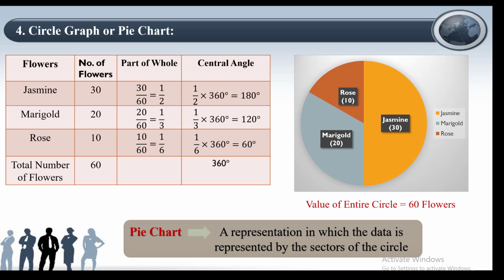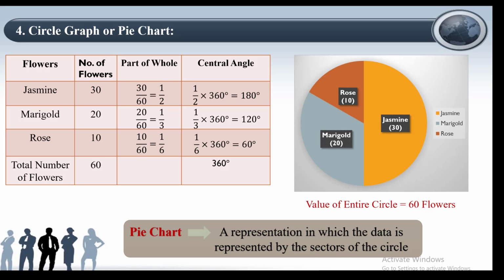A pie chart tells us the relation of the whole to its parts. For example, for 30 jasmine flowers, the number is 1 by 2 part of the total 60 flowers.